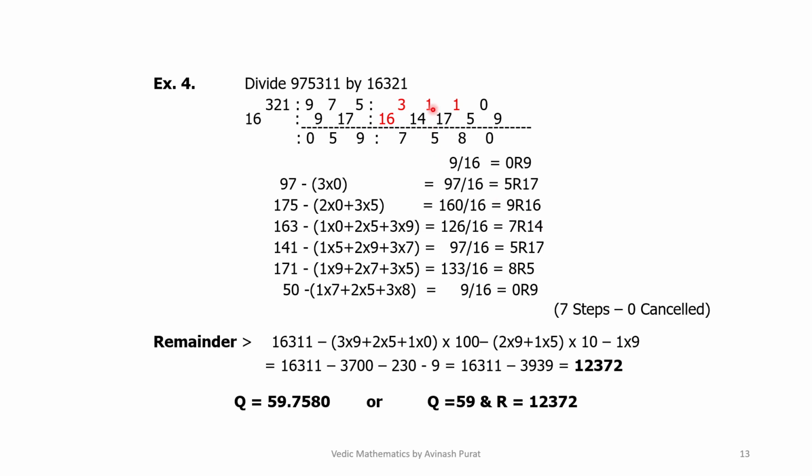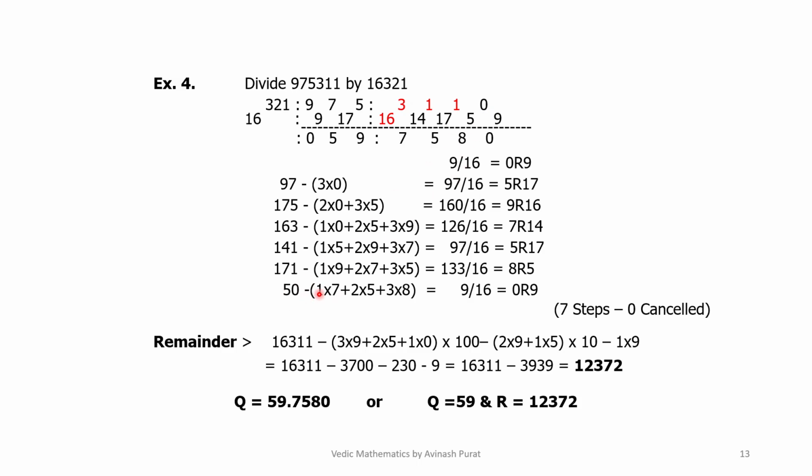So 141 is the dividend, minus 1 into 5 plus 2 into 9 plus 3 into 7 equal to 97, divided by 16. We take here 5 as a quotient and remainder is 17. So 171 is the next dividend, minus 1 into 9 plus 2 into 7 plus 3 into 5, that is 133, divided by 16 equal to 8 and remainder 5.